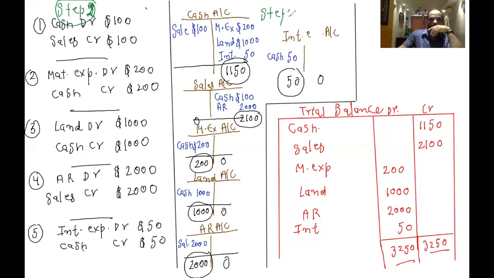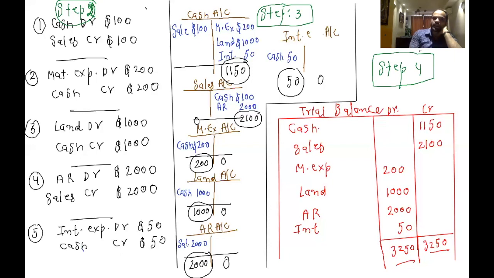Step 3, which is ledger, and step 4, which is your trial balance. All right. So any questions regarding step 2, 3, and 4? Any question?